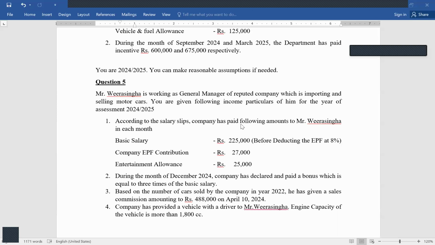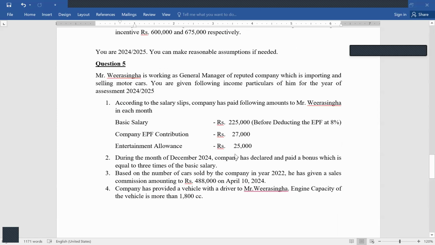You can multiply directly this amount by 12 to consider the yearly amount. Then company EPF contribution, you can assume that this is approved by the Commissioner General. Then entertainment allowance, this is an allowance. So total is liable and 25,000 per month because it is mentioned in each month here.